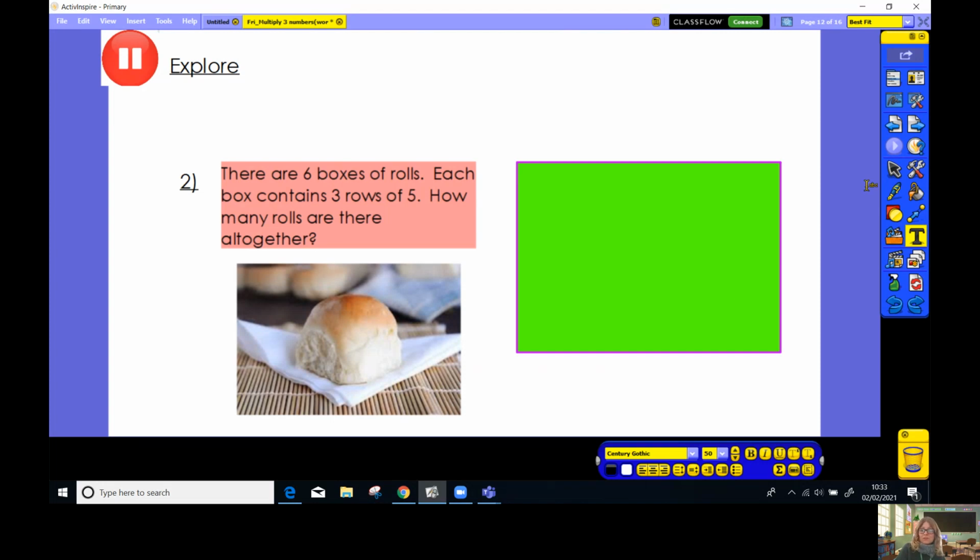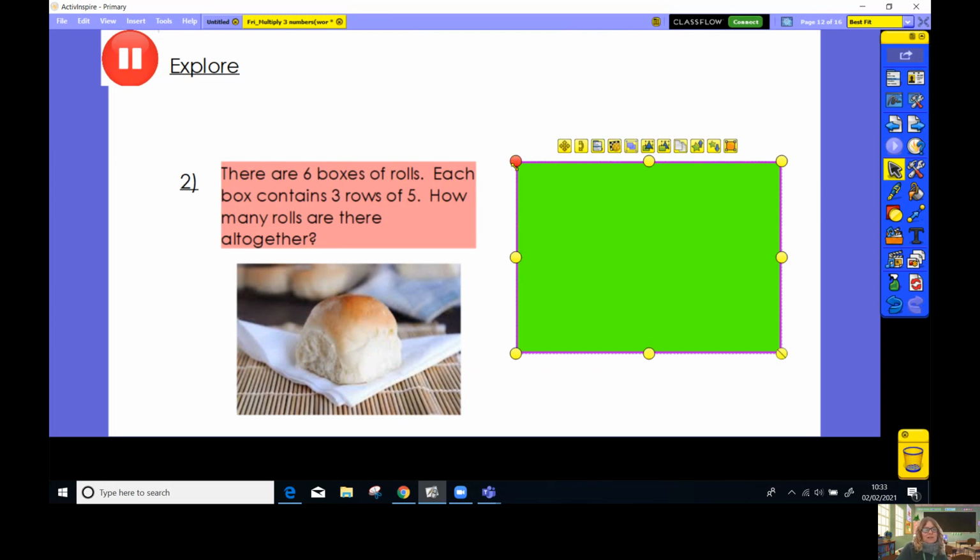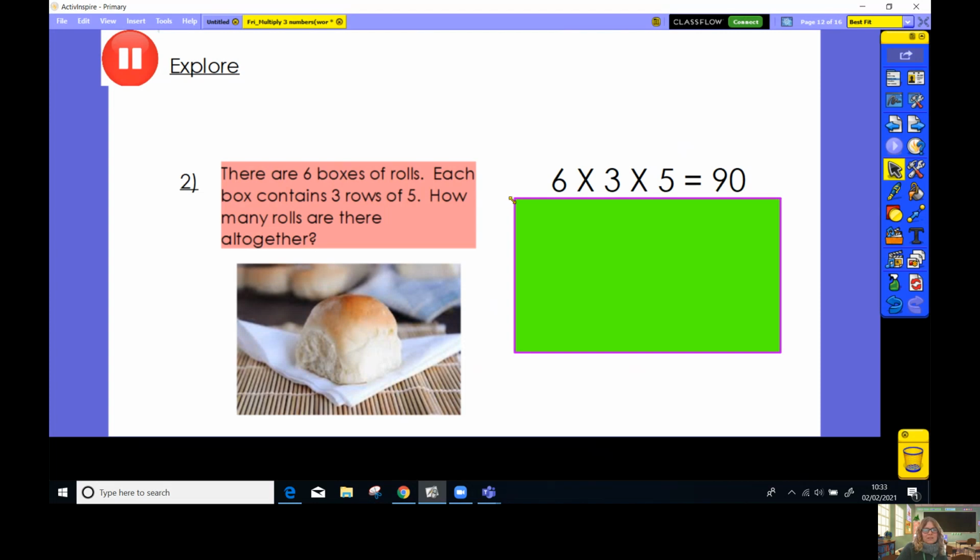Well done. Let's go through our answer. Now remember, for this question, you should have answered the question with a sentence. And if you've done brilliantly, you'll have said the stem sentence, I know this because. So there are 6 boxes of 3 rows of 5 rolls. 6 multiplied by 3 multiplied by 5.